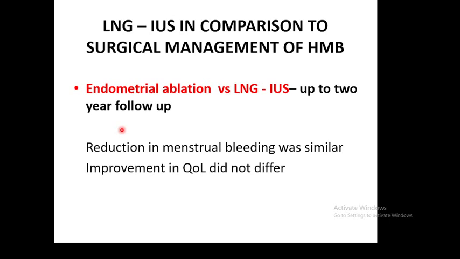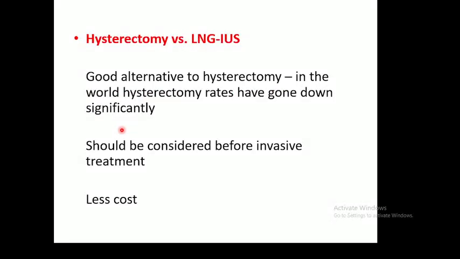We don't have endometrial ablation in our country. What we are doing is hysterectomy. LNG-IUS is a very good alternative to hysterectomy, and we should definitely try it before going to hysterectomy, or at least as an interim method while the patient is waiting for hysterectomy.